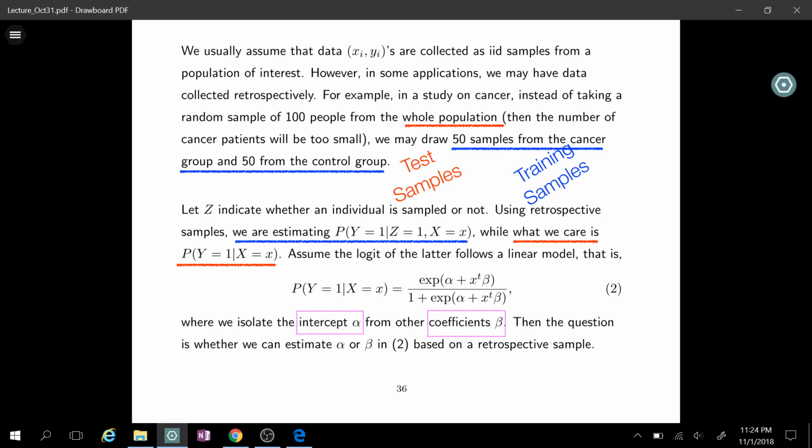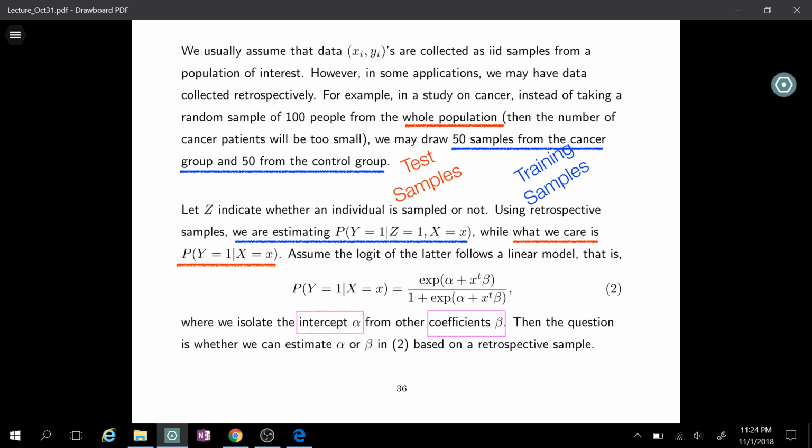So here the training samples are 50 versus 50, cancer versus non-cancer. But our test sample, meaning the kind of sample we're going to use our model to make predictions on, will be the ordinary population, or the whole population. Now we realize there's some discrepancy between the training and test.